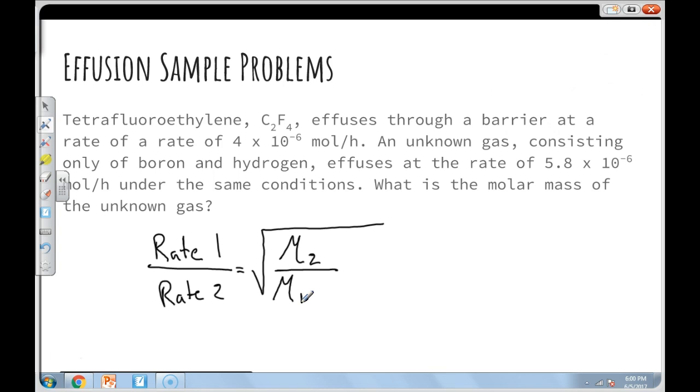Now it's just a matter of plugging in and making sure that we keep rate 1 and molar mass 1 the same, and in the right spot.